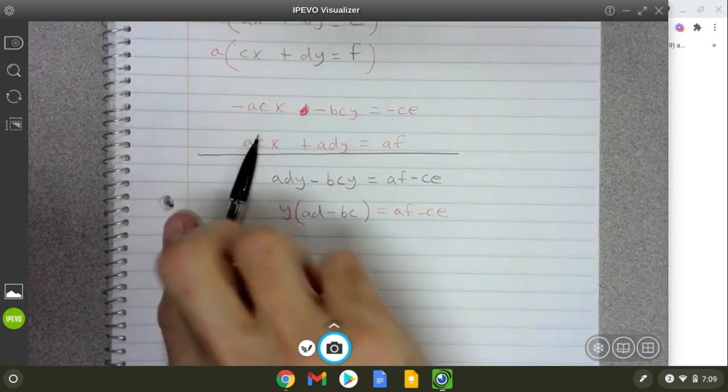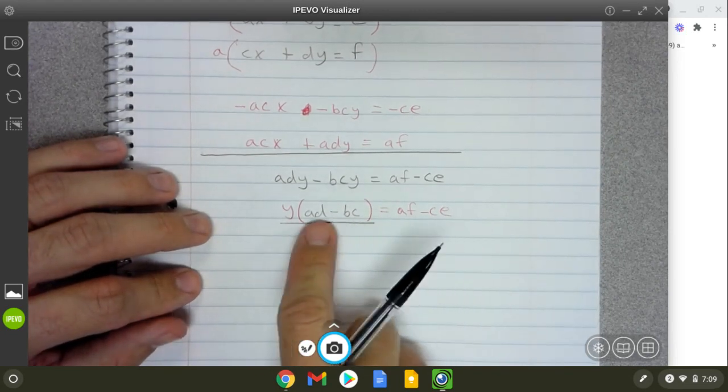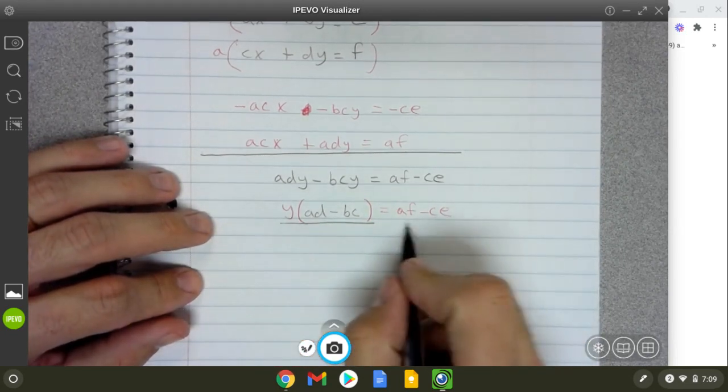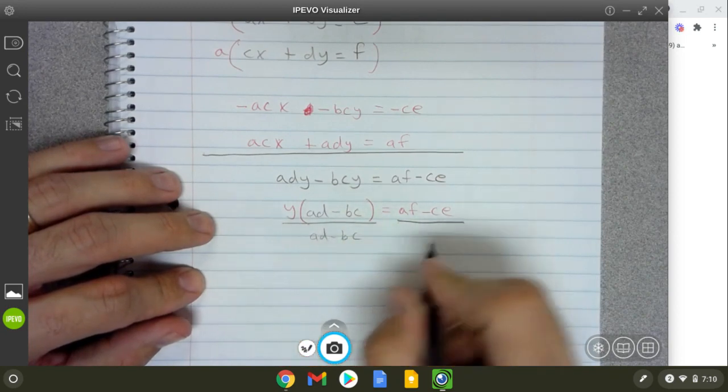To solve for y, I need to divide by whatever's attached to it here by multiplication. So I'm going to divide by AD minus BC.